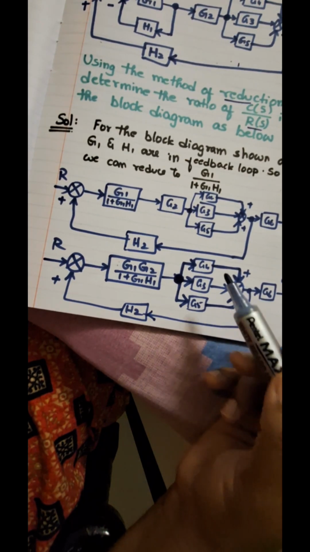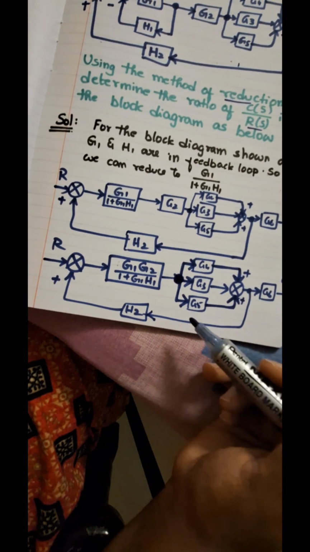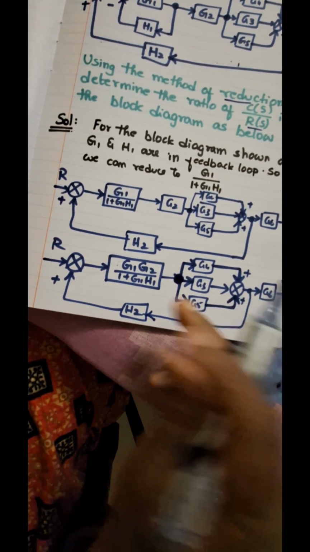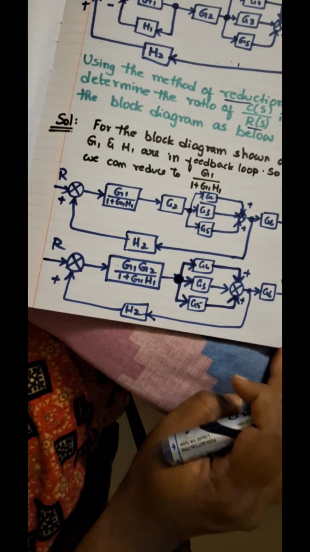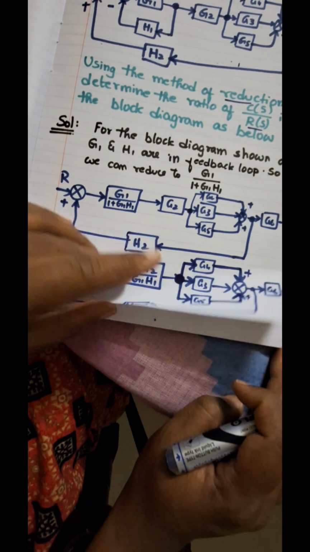Hence G4 plus G3 plus G5 is the gain of the reduced block. You should write that statement. After you write that statement, your solution will be like this.